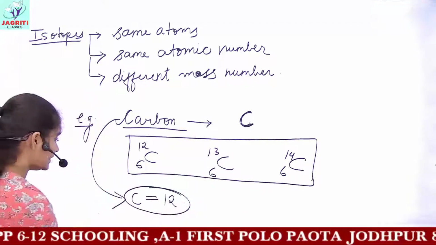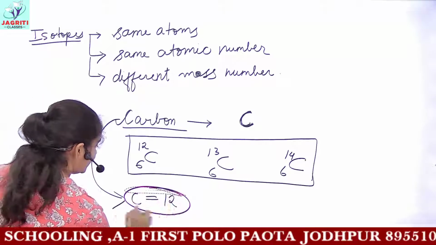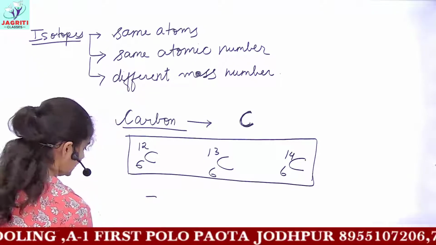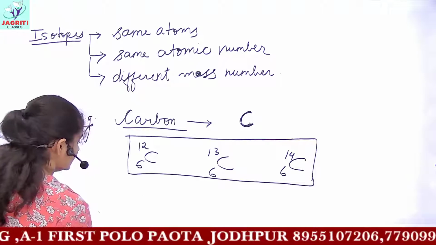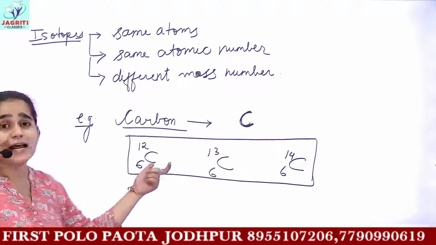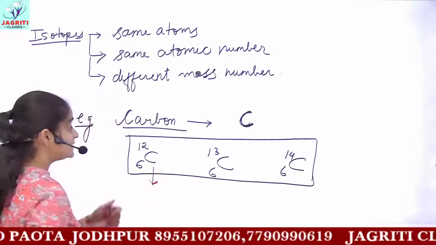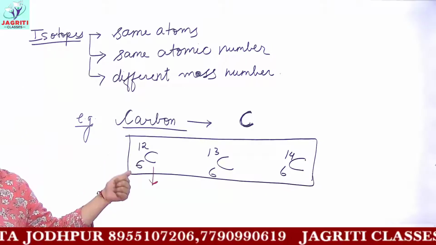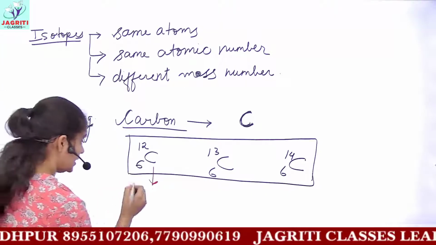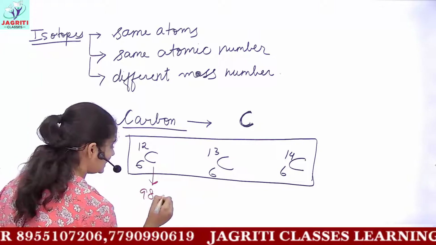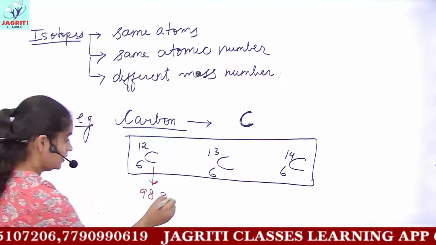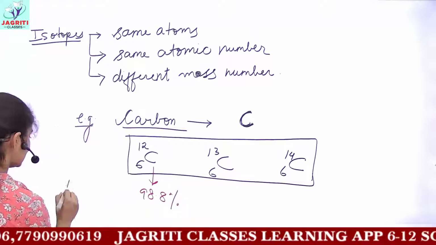The reason for this is their relative abundance in nature. That is, the three isotopes of carbon are present in different percentages in nature. C12 is present in the maximum percentage, approximately 98.8%. So its relative abundance is very high.